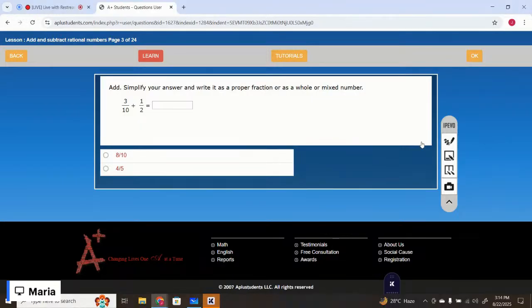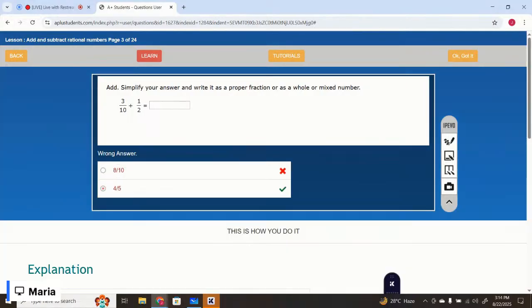Option number 1 is the correct option. That is 8 over 10. Okay, we can write the answer in simplest form, that is 4 over 5. Option 2 is the correct option.